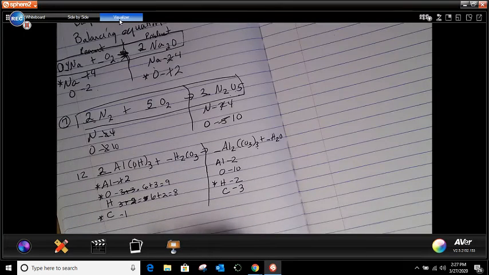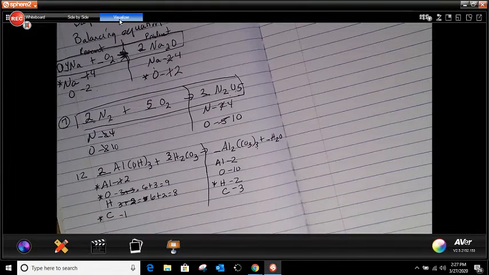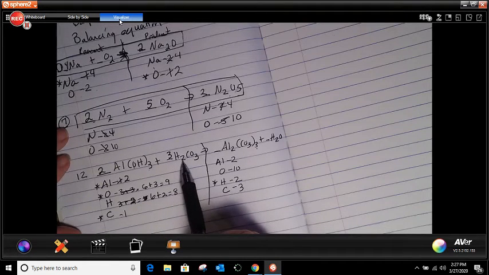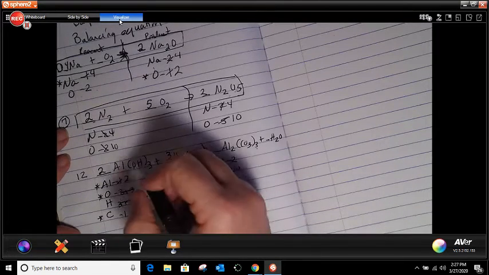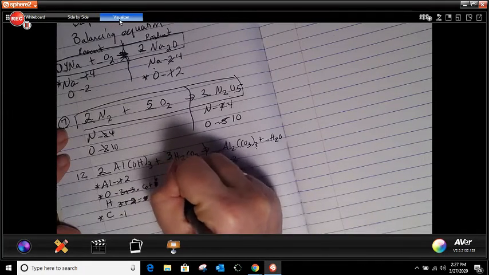But I want to make my hydrogens an even number. So since I want to make my hydrogens an even number, I'm going to put a 3 here. Let's see what happens. Hydrogen is 3 times 2, which is 6, right? 6 plus 6 is going to be 12 now.